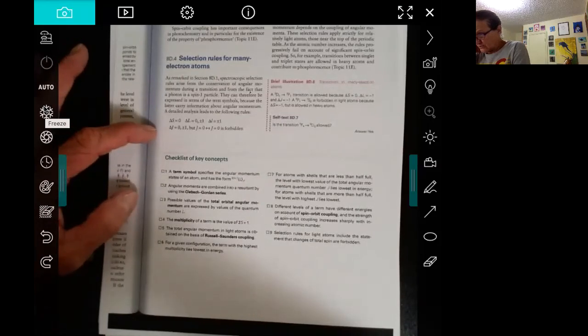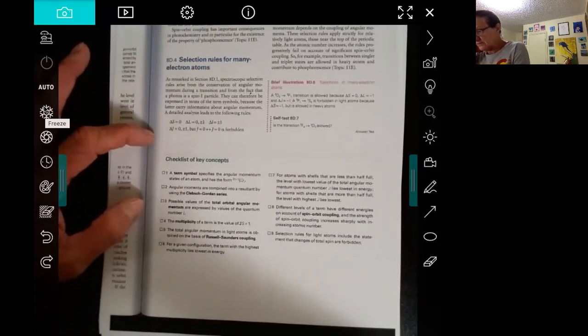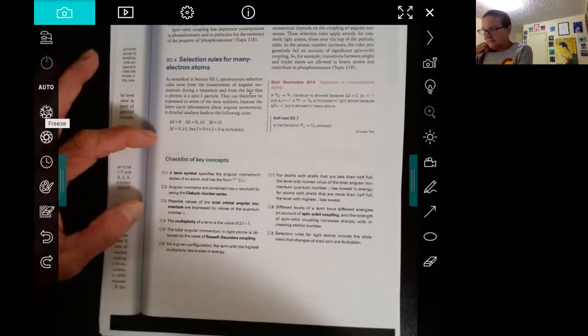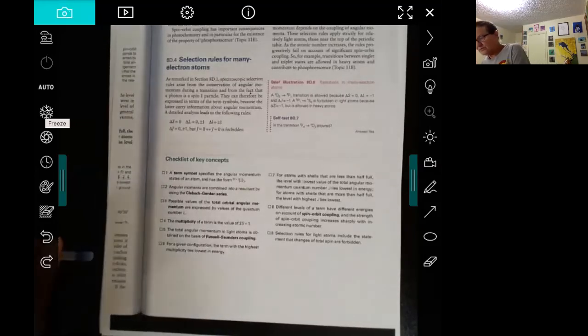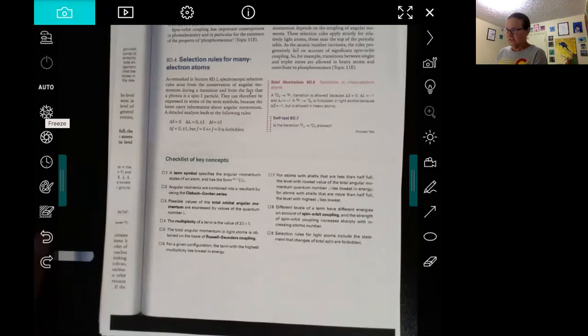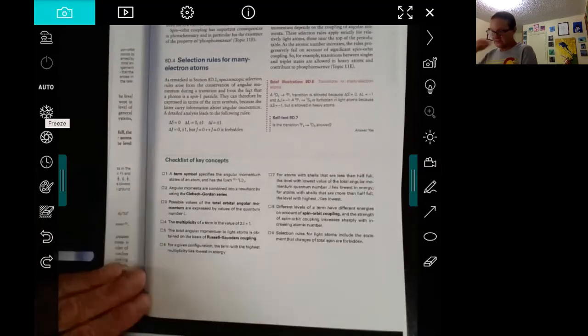So those selection rules are similar in nature, but they're slightly more complicated because of the electrons coupling with spin and orbital angular momentum. So when you only have 1 electron in the hydrogen atom, it's a simple rule. You have to change angular momentum by 1. Here you have a few more things you have to consider.